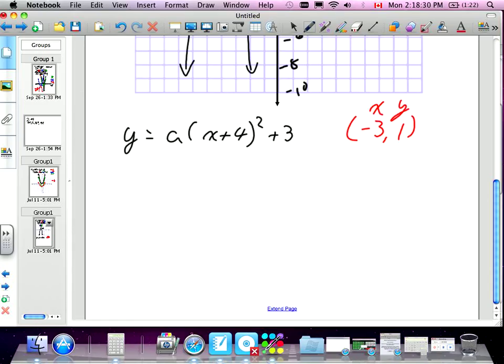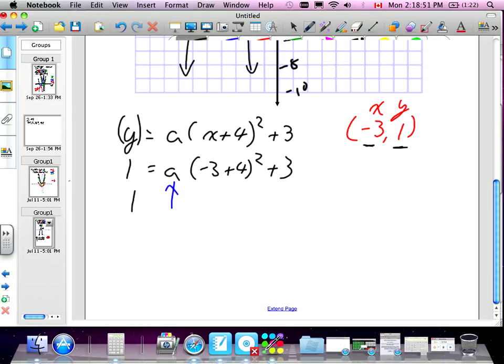My y value was 1, so for y, I put the number 1 in. I'm trying to solve for a. x is negative 3, plus 4, squared, plus 3. So now the only variable left in the equation is a, so I'm going to be isolating for a. So 1 is equal to a times negative 3 plus 4, squared, plus 3.